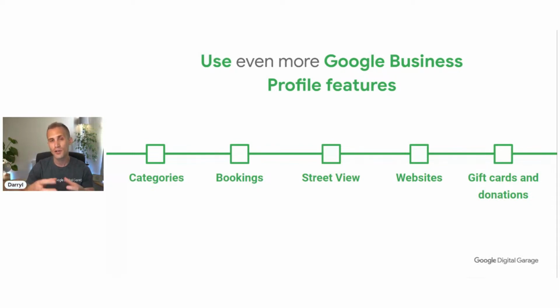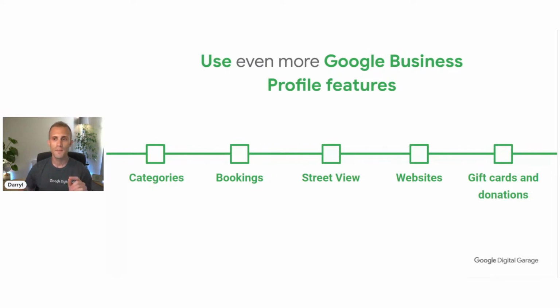If you don't categorize yourself correctly, customers may find it difficult to find your business. Then bookings. We'll be able to create a link for people to click on to actually book a dinner appointment, for example, whichever business you are. Then create a street view, make some websites, and give gift cards and donations.